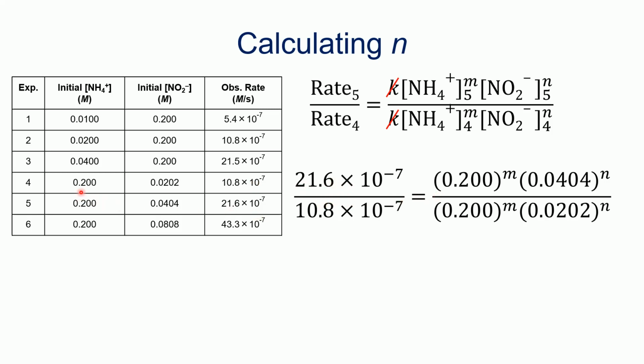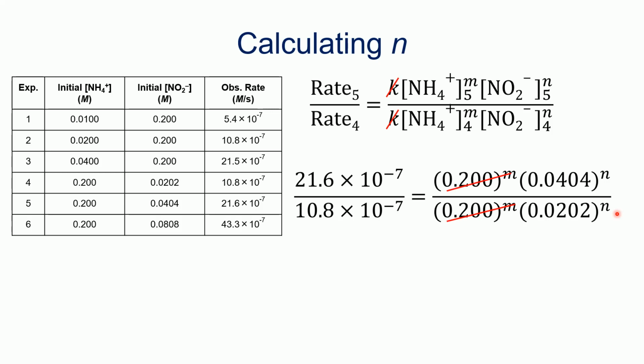And then the concentration of ammonium for experiment 5 and 4 are both 0.2, so I put those in. And then the concentration of nitrite for experiment 4 and 5. So here's 5, there's 4. And those are raised to the n power. Now, of course, we can cancel out that value of 0.2 raised to the m power.